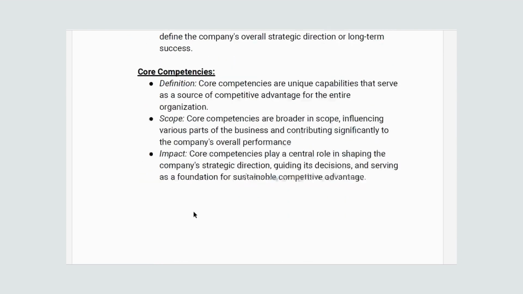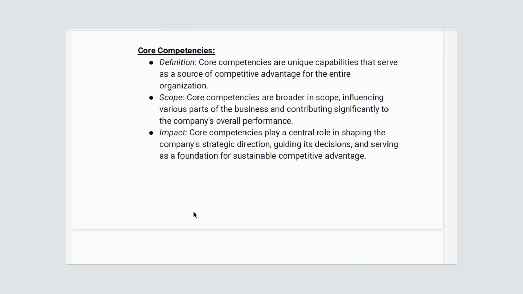Core competencies are unique capabilities that serve as a source of competitive advantage for the entire organization. Their scope is broader compared with competencies. Their impact is that core competencies play a central role in shaping the company's strategic direction, guiding its decisions, and serving as a foundation for sustainable competitive advantage.